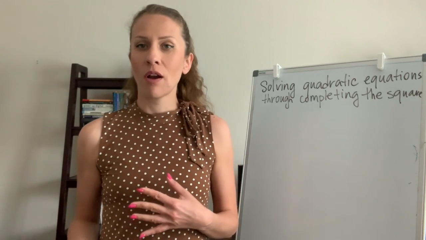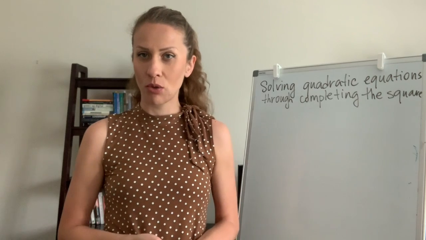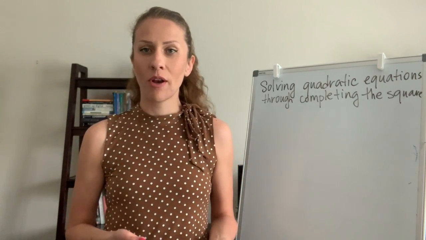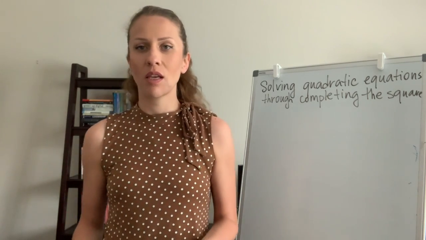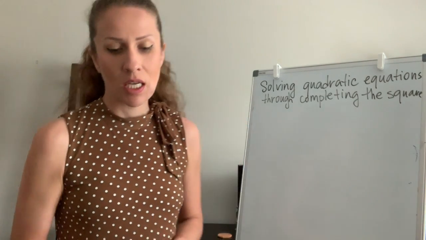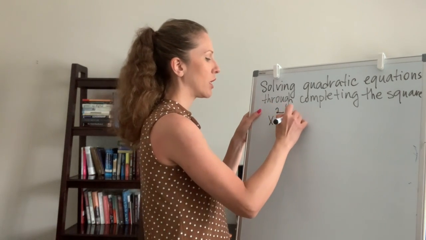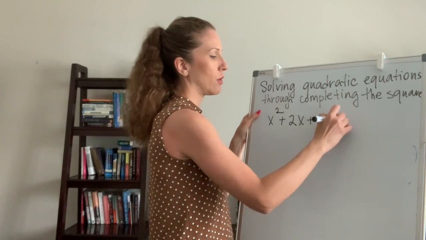So far I have shown you how to solve quadratic equations using factoring, and that's applicable to equations where a trinomial or a binomial or any sort of polynomial on one side of the equal sign is factorable. An example of such is x squared plus 2x plus 1 equals 0.